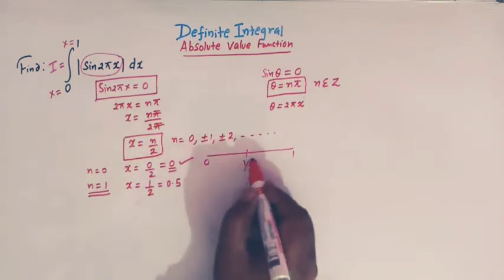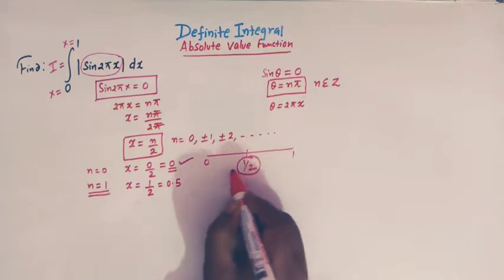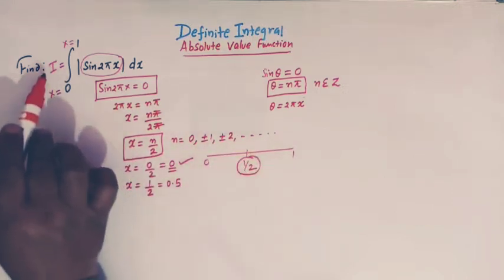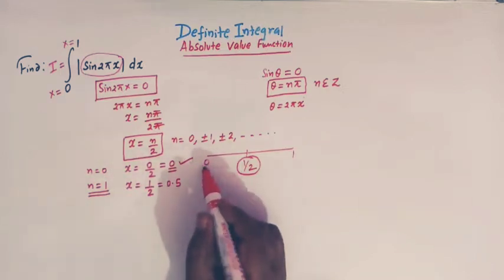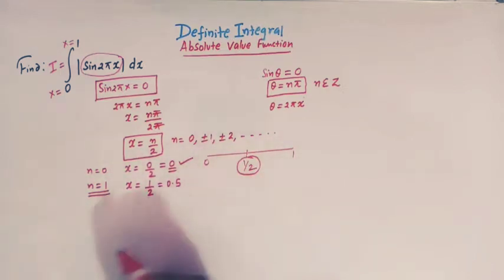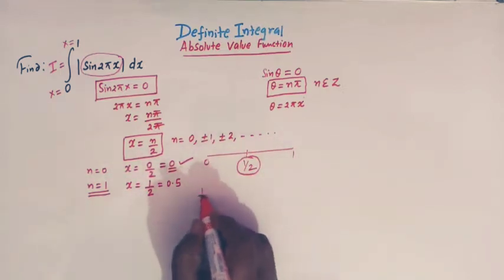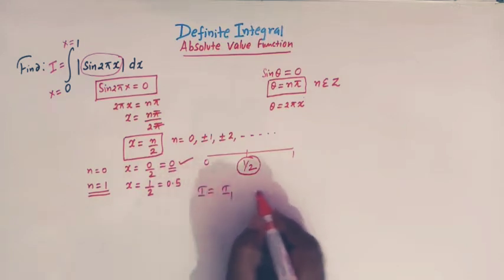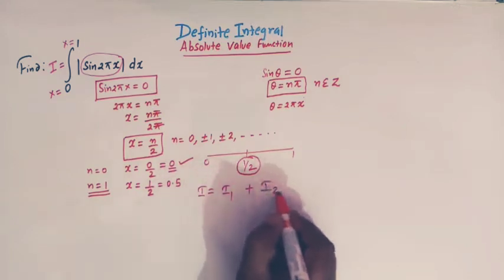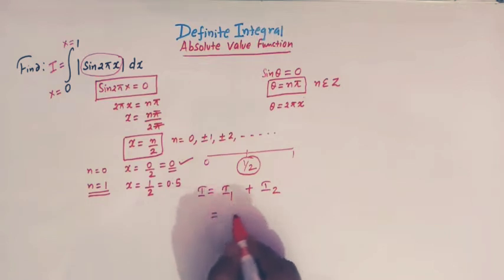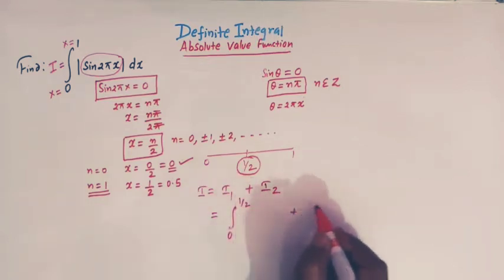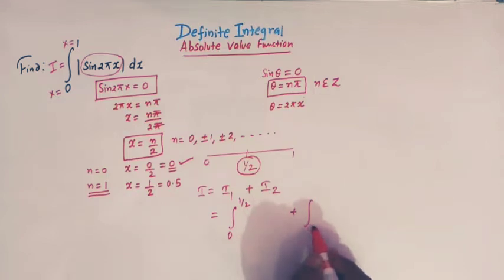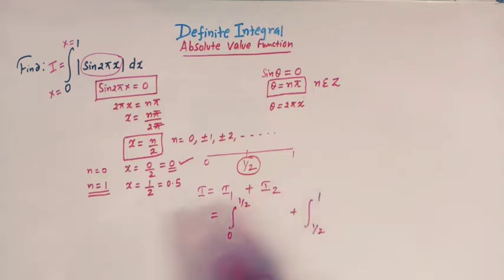So this is the point where we have to break this integral I into a sum of two integrals, that is I is equal to I1 plus I2. So I1 is from 0 to half, and I2 is from half to 1.